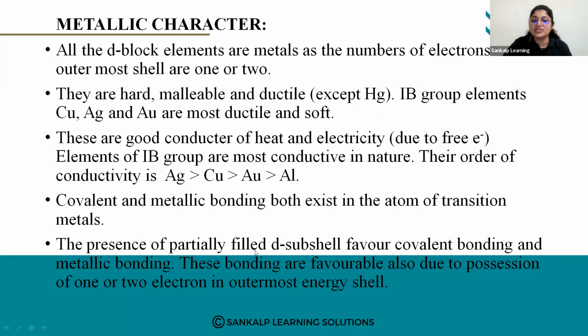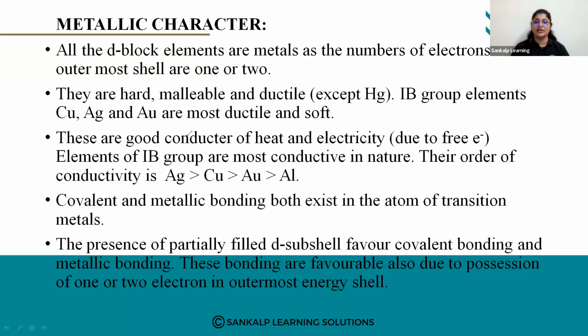Then the presence of partially filled d subshells favors covalent bonding and metallic bonding. The electrons filled in the d orbitals are partially filled, which means they are not completely filled.